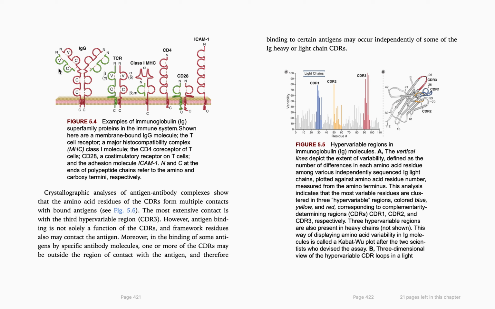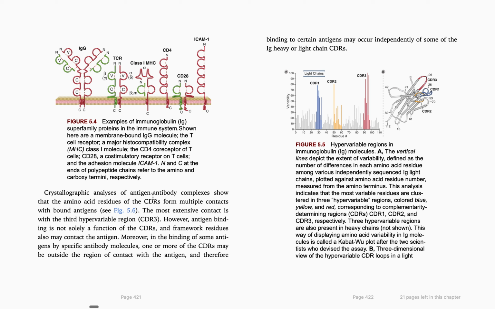So you see, this is the structure. Examples of immunoglobulin superfamily proteins in the immune system. Shown here are the membrane bound Ig molecule, IgG. You see the structure. Here we have these structures, they are bound in the membrane. The T cell receptor, major histocompatibility complex class 1 molecule, the CD4 co-receptor of T cells. So these are all structures that you can see.